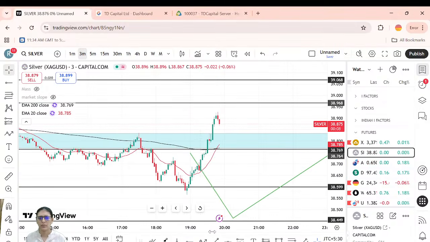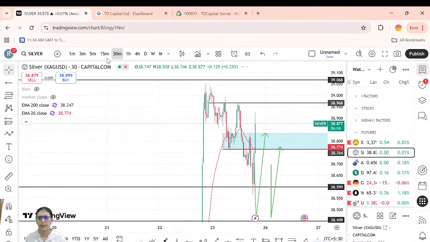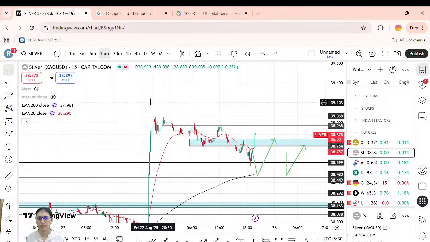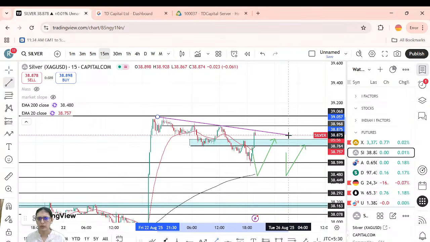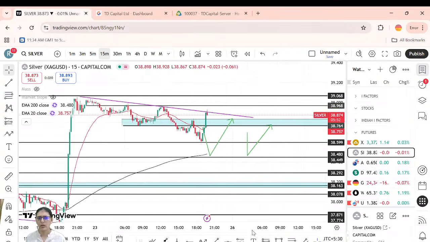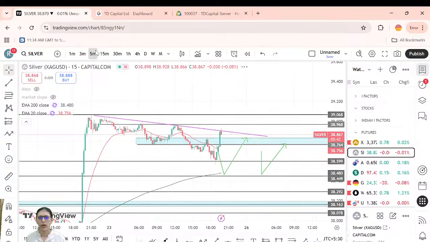Same scenario is happening in silver. See, silver, this trend line is forming in silver. You can form this trend line here, and for any movement upward now, just wait for a proper time correction here. It has already given this move. We're waiting for it to come at least till here, but yes, it has already moved up.